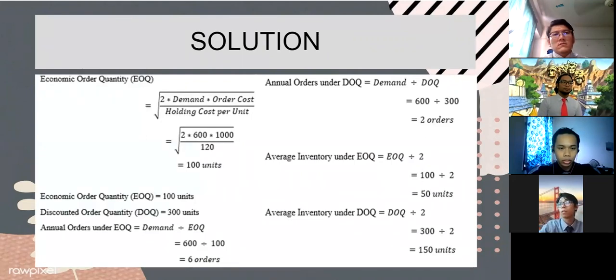Annual orders under EOQ equal demand divided by EOQ, which is 600 divided by 100, which gives 6 orders, while annual orders under DOQ equal demand divided by DOQ, 600 divided by 300, equals 2 orders. So average inventory under EOQ is 50 units, and average inventory under DOQ is 150 units.